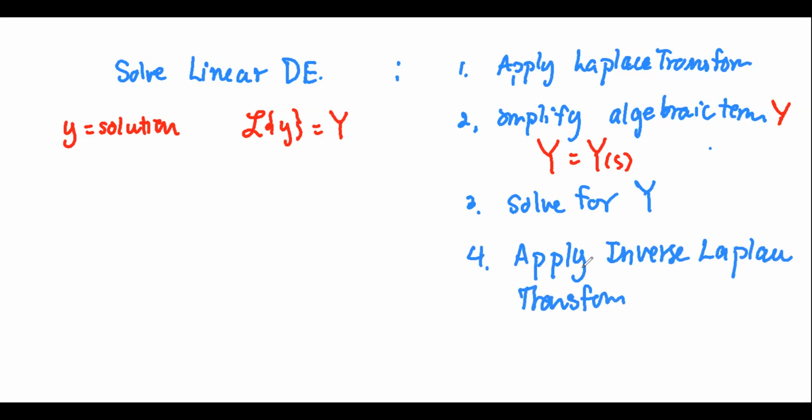Since the Laplace of the lowercase y is the uppercase Y, we do backwards. So the inverse of the capital Y is back to the lowercase y. So at this time, you're gonna get the y solution back as a function of x or function of t. Okay, so y is the inverse of the capital Y.